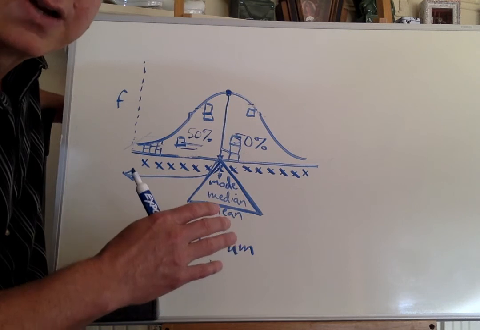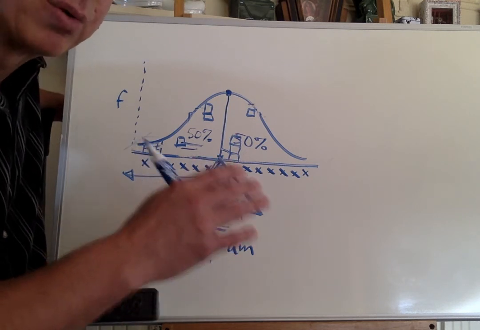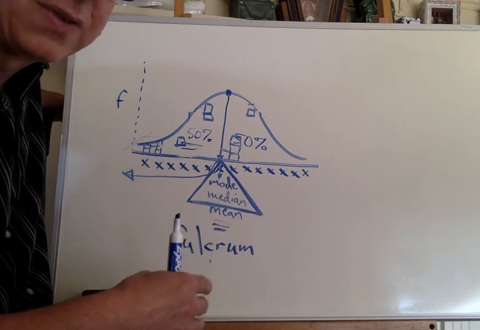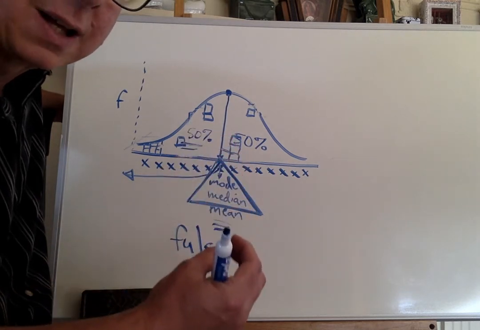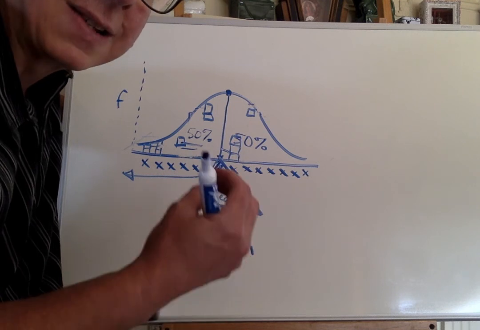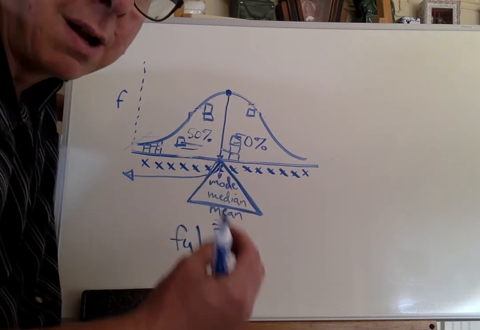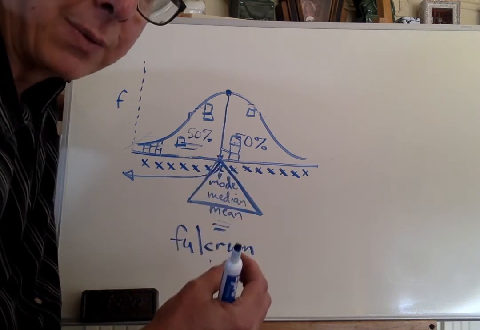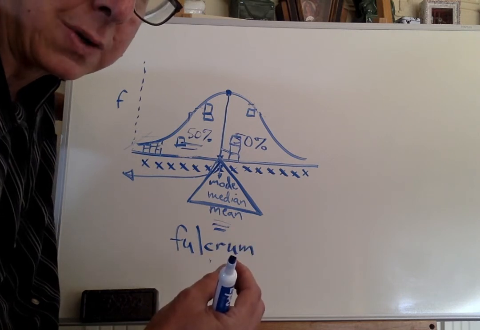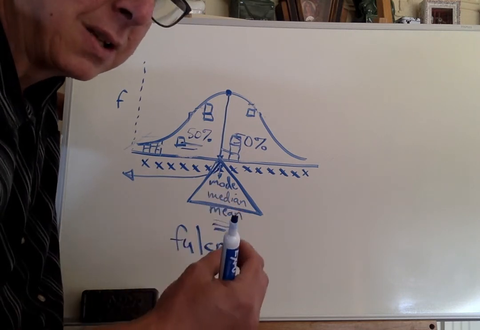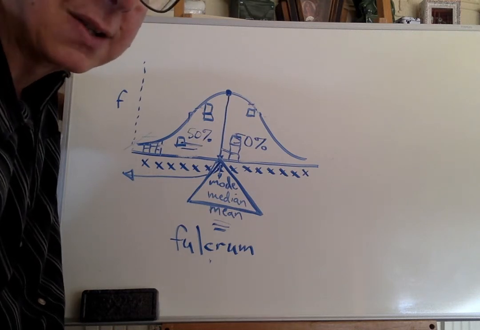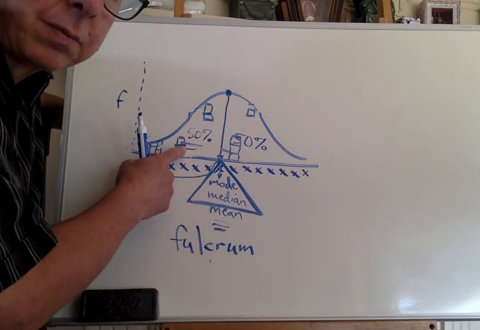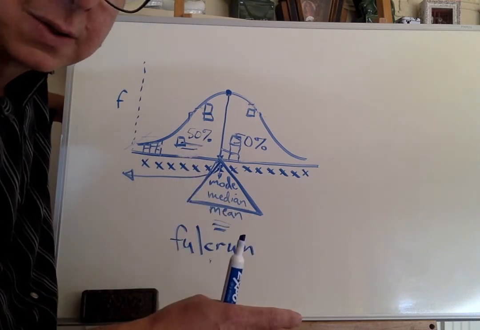Let's look at another distribution, and I'm going to bring this up a number of times because it's an illustration of the fact that the mean doesn't necessarily balance the number of blocks. I'm going to repeat that. It's very important. The mean does not necessarily balance the number of blocks. It does here. That's a coincidence.